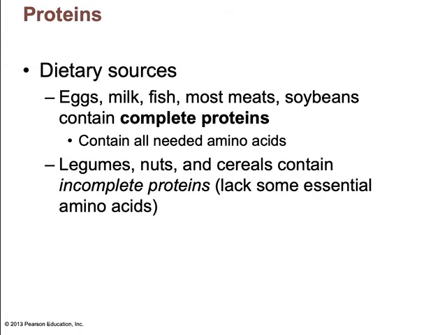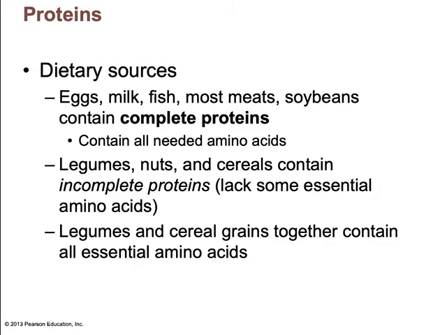If you're missing an amino acid in your diet, then you don't have the ability to build all the proteins in your body, and you'll have a nutritional deficiency. Legumes, nuts, and cereals have incomplete protein. Legumes and cereal grains together have all the essential amino acids. So if you mix and match those, then you get everything you need. An example would be red beans and rice, right? You got complete protein in that one dish, okay?